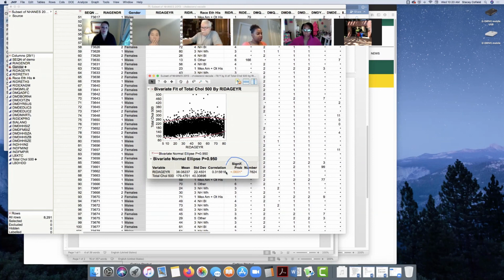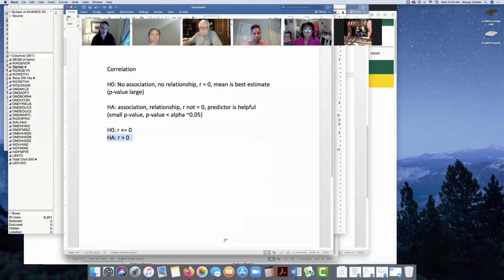This is the two-sided p-value, the p-value that JMP gives you for equal to, not equal to on correlation. If you wanted to test if R was greater than 0, then you divide that p-value in half.